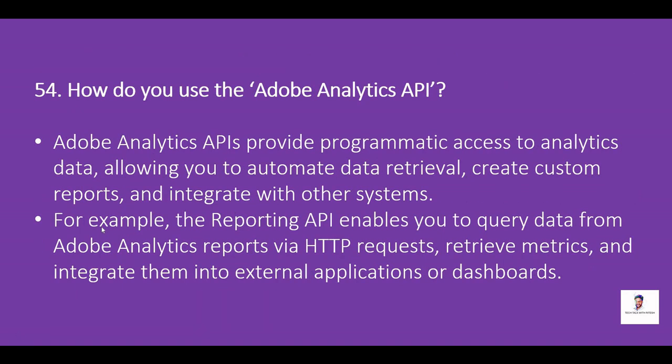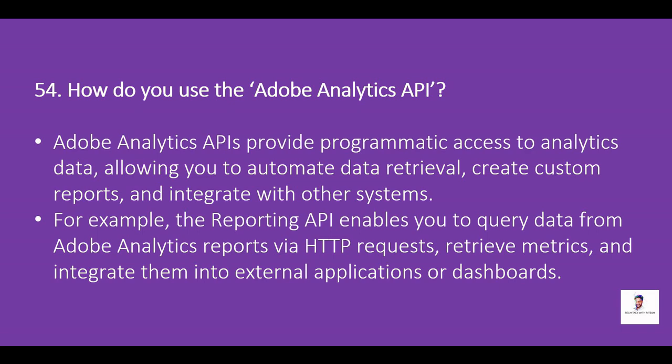How do you use the Adobe Analytics API? The Adobe Analytics API provides programmatic access to analytics data, allowing you to automate data retrieval, create custom reports, and integrate with other systems.